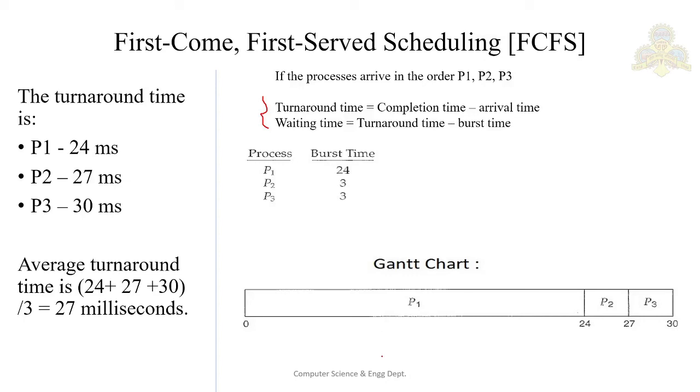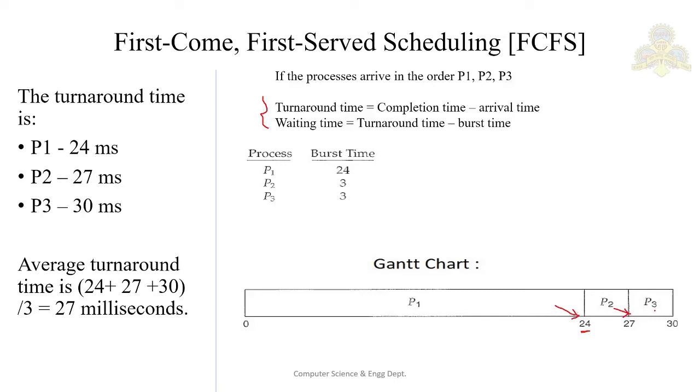From the Gantt chart, for the process P1, when it has completed, when it has left the system, we consider that as the turnaround time. So process P1 has completed at 24 milliseconds. Basically, if you are using the Gantt chart, just look at the right hand side of your process.